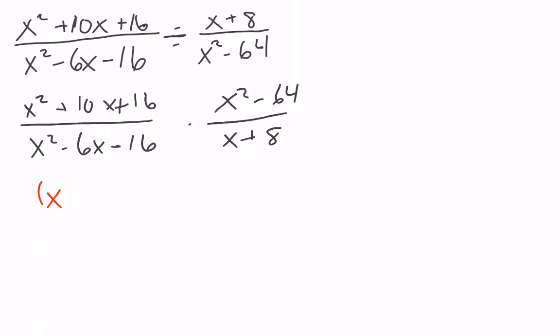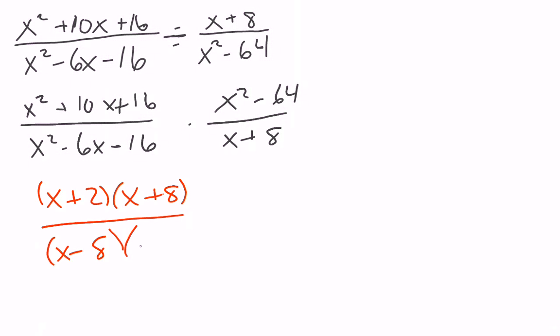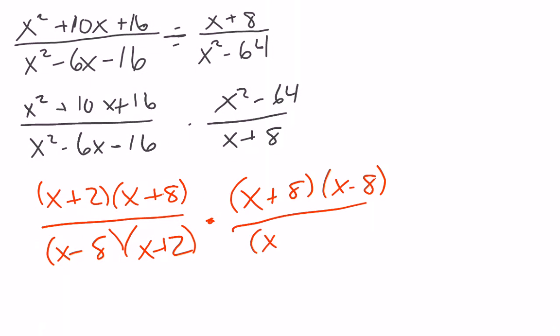So that would be (x + 2)(x + 8) over (x - 8)(x + 2) times (x + 8)(x - 8) over (x + 8).